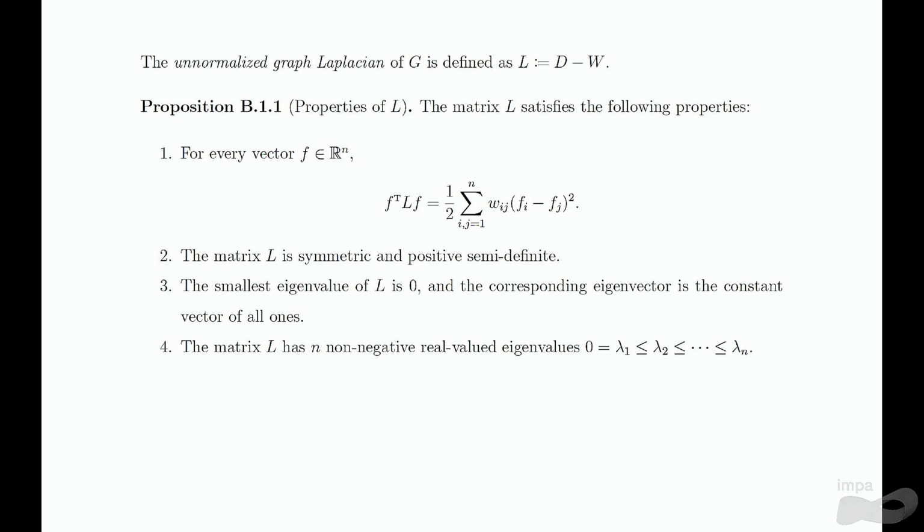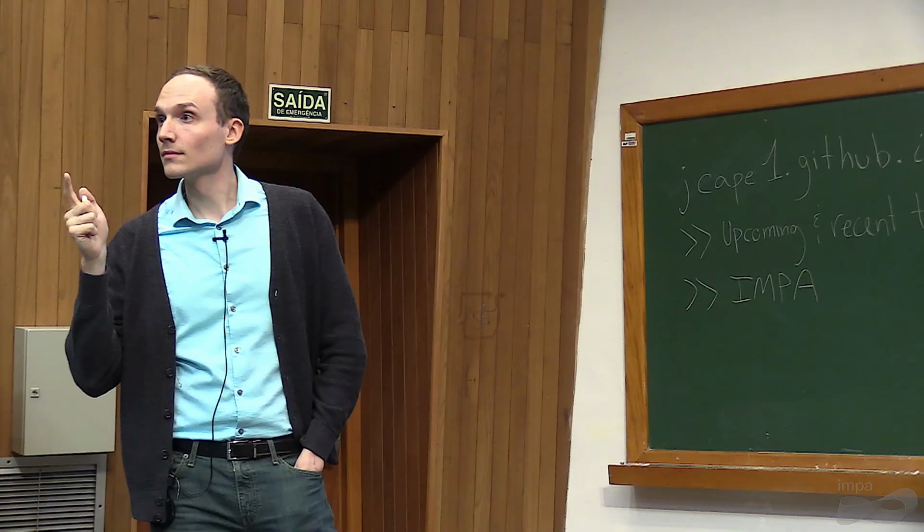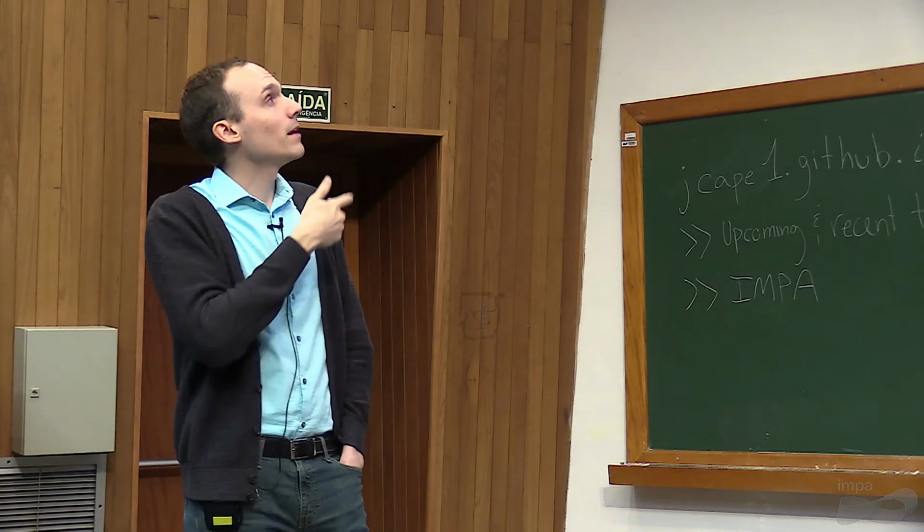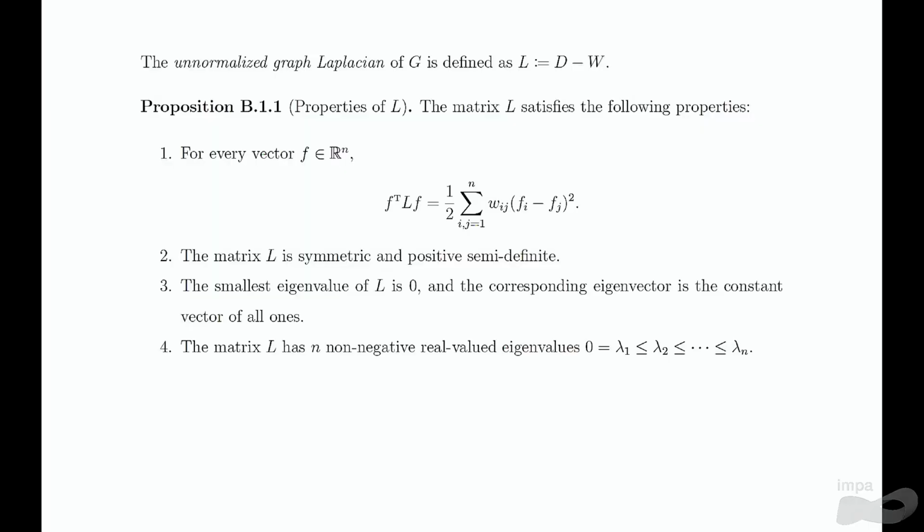Great. How about 3? That's right, exactly. If you notice that the vector 1 causes this expression to vanish, but the vector of all ones is also an eigenvector for the matrix L that we started with, that gives us immediately that the vector of all ones is an eigenvector for the 0 eigenvalue.